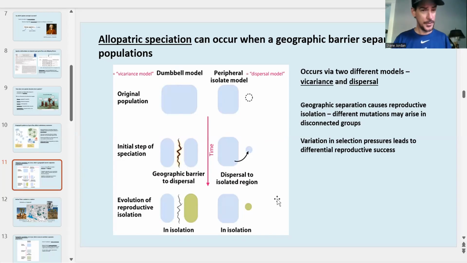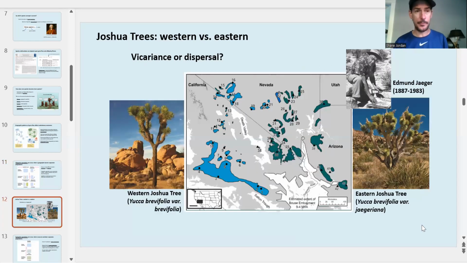The Galapagos finches, as another example, probably diversified in some ways via the dispersal model, where the ancestral population originally occurred on mainland South America, and a small subset of that population colonized the Galapagos Islands and subsequently diversified and became recognizably different species than the mainland species. So allopatry is thought to be a pretty common cause of speciation. Look at another example in California, and that comes with Joshua trees.